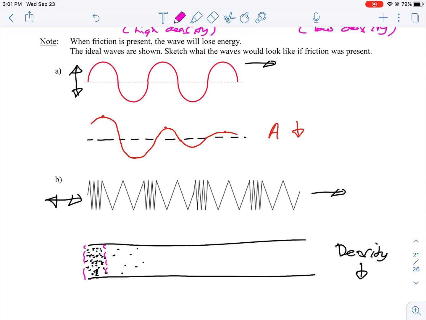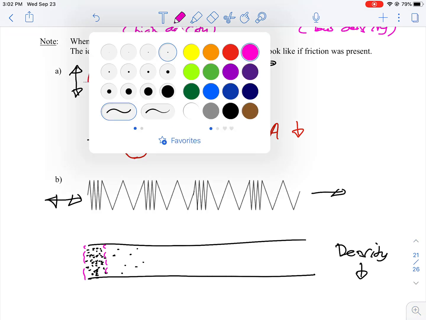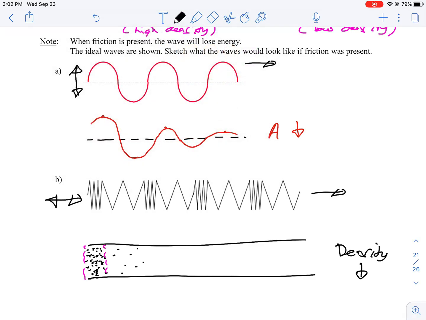So here's our first compression region. Here comes the next compression region. Well, I guess I can't even do that. Darn it. That seemed like a good idea at the time. Anyways, let's just draw it the best way we can. The next one will have less density. It's still going to be more dense, but probably a bit more spread out as well.